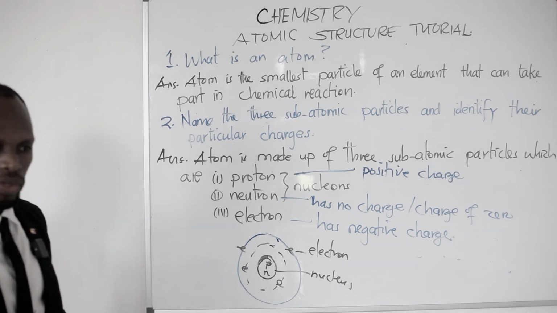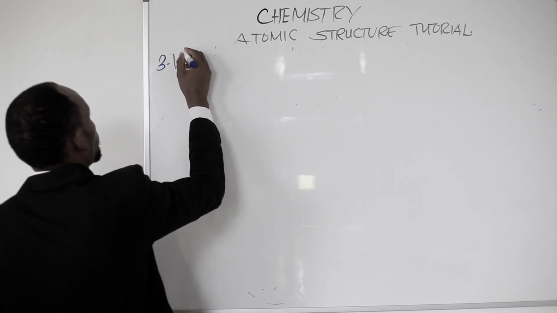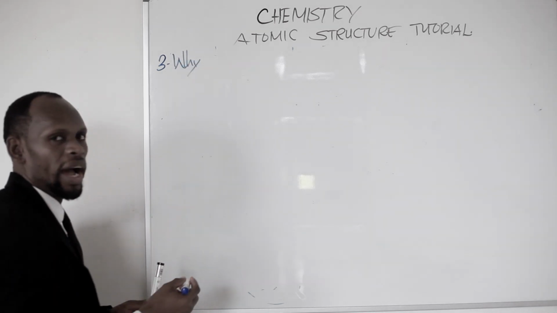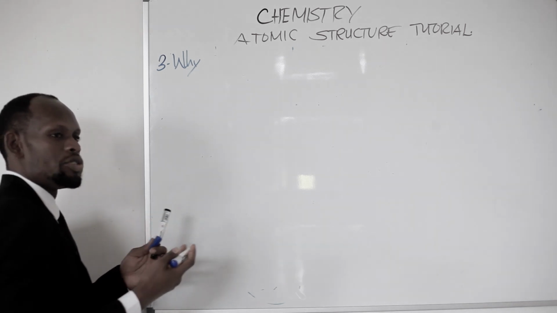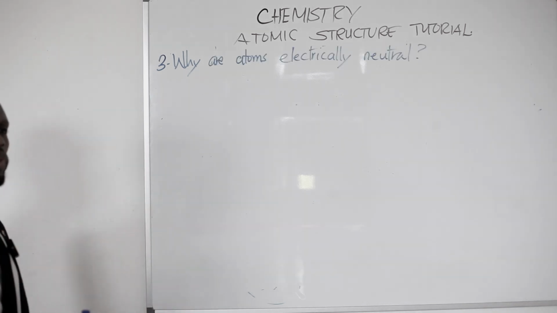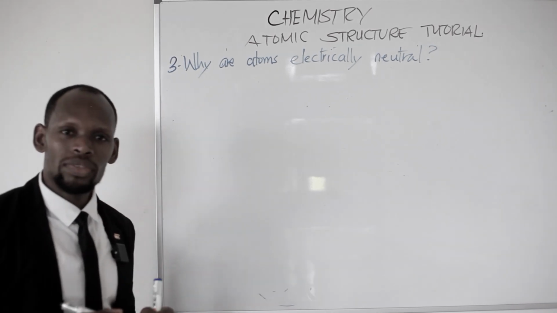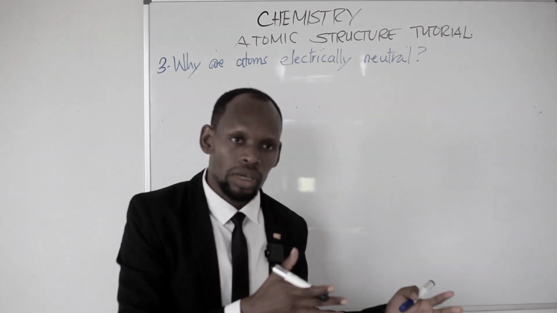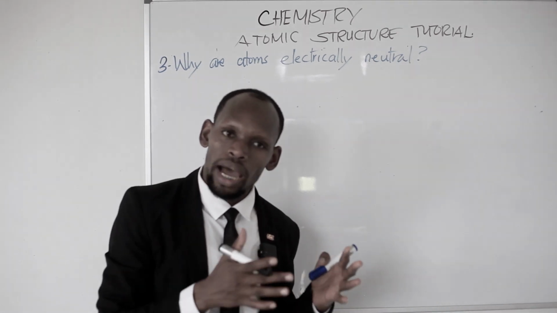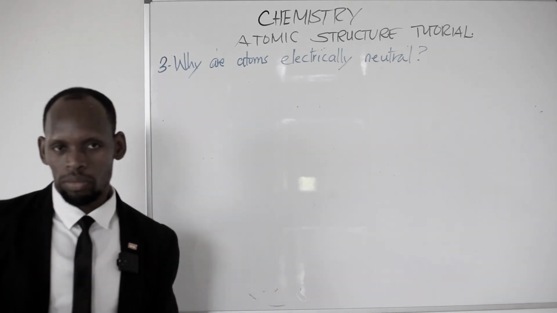Let us go for another question. Why are atoms electrically neutral? The atoms are electrically neutral because the number of protons present in the atom is equal to the number of electrons in the atom.